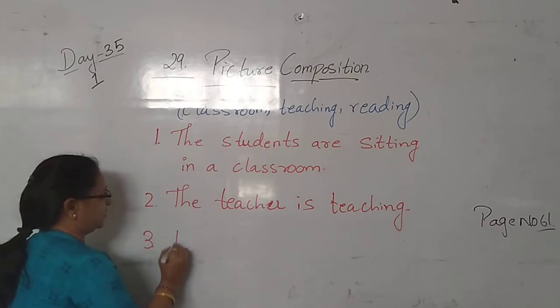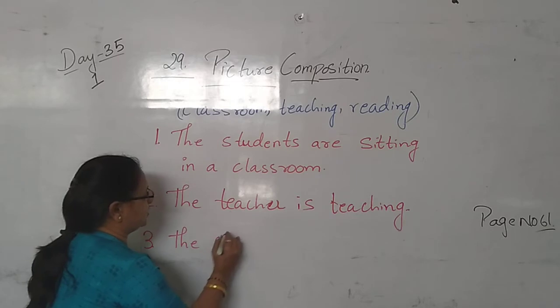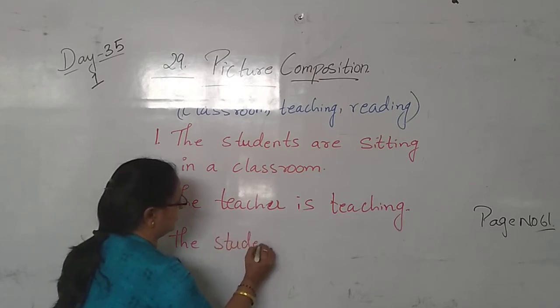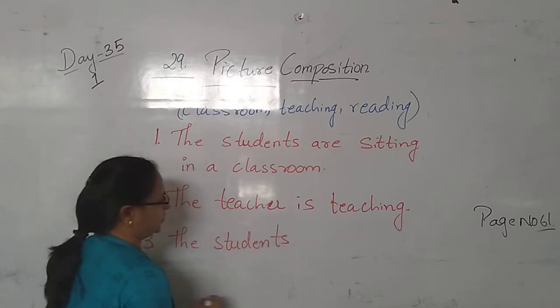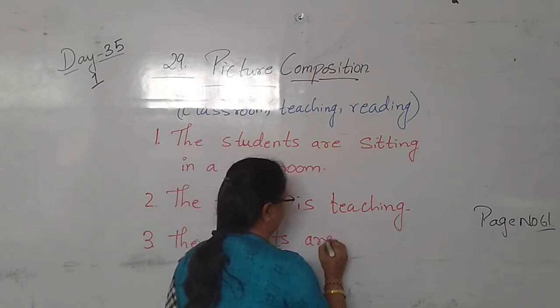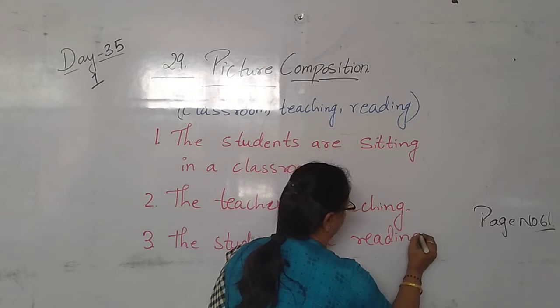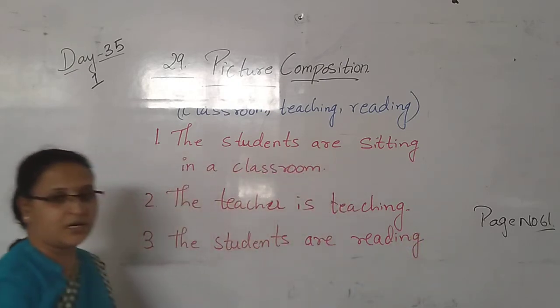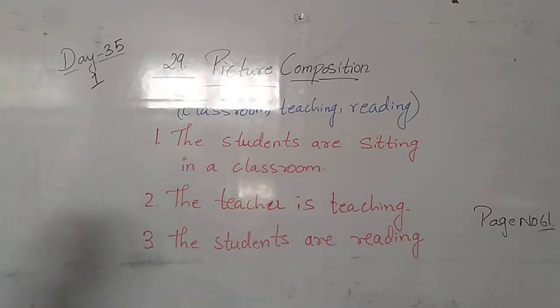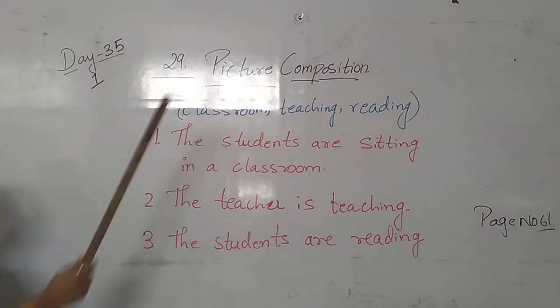Third one is what? The students are reading. The students are reading. So here, first sentence what we have written, children, they are given classroom.